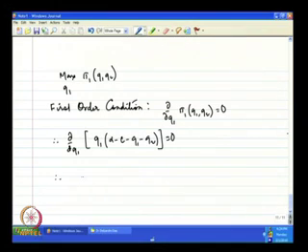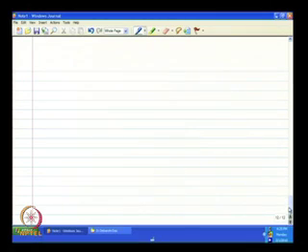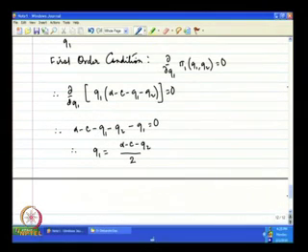and so alpha, I am just using the product rule, and I have to express Q1 as a function of Q2. So, this becomes alpha minus C minus Q2 divided by 2. Is the second order condition satisfied?